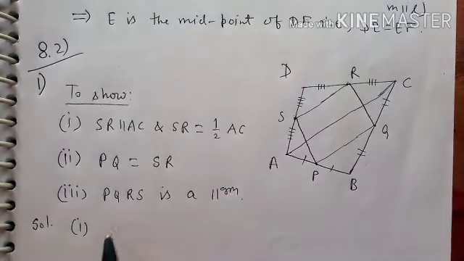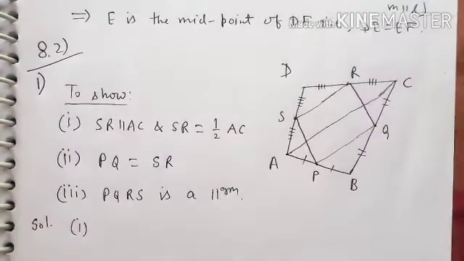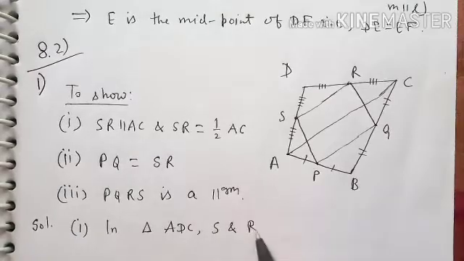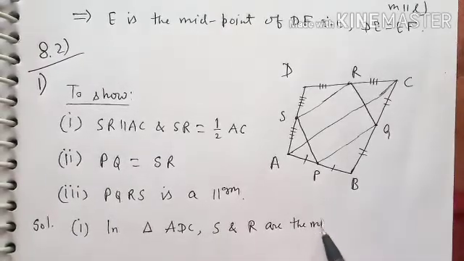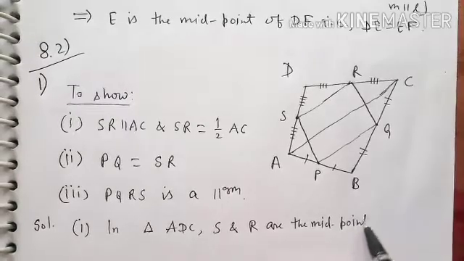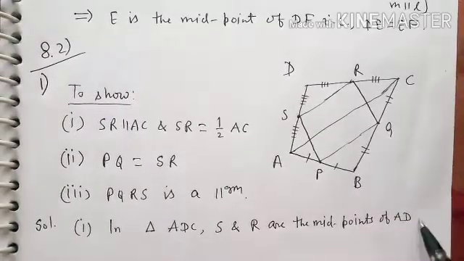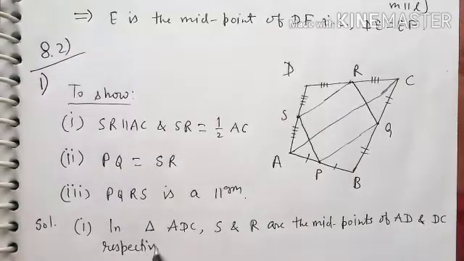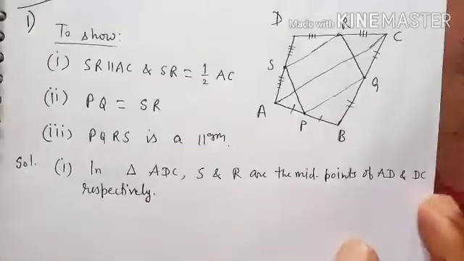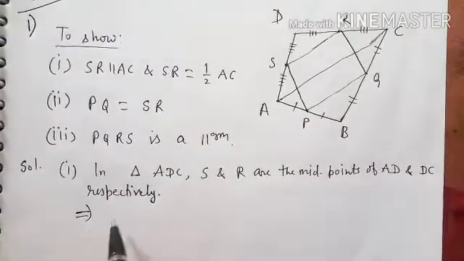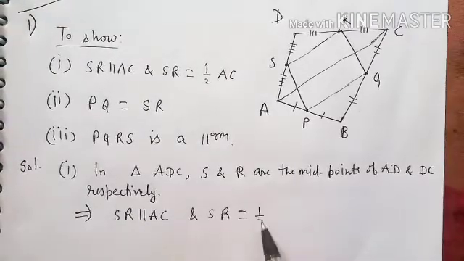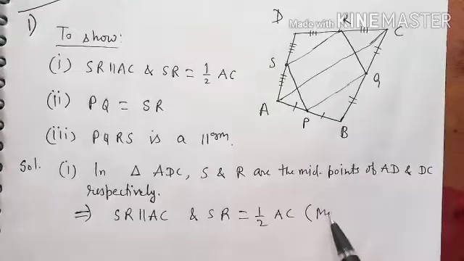So, in triangle ADC, S and R are the midpoints of AD and DC respectively. This implies that SR is parallel to AC and SR is equal to half of AC by midpoint theorem.